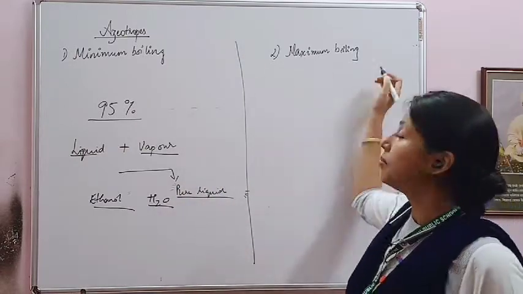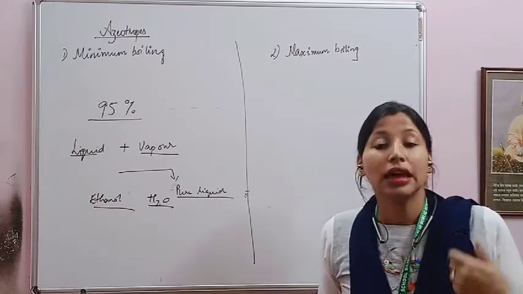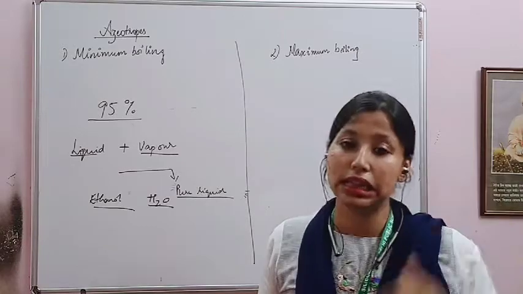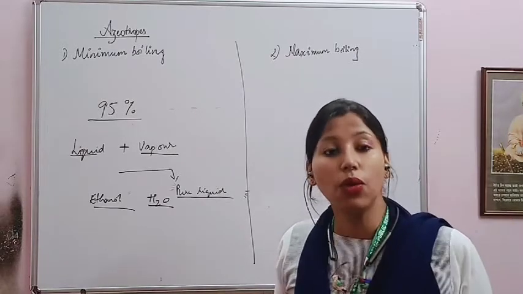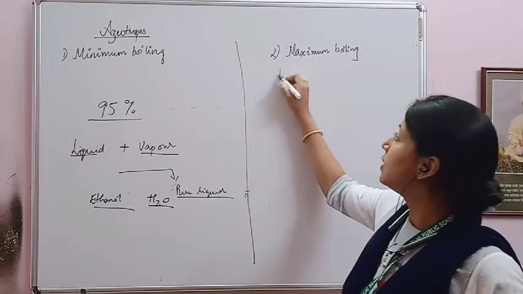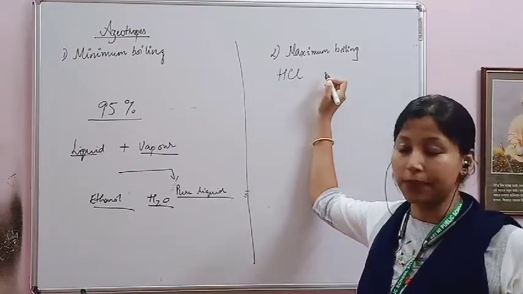Let's discuss maximum boiling azeotrope. Now for maximum boiling azeotrope, we have to understand that the vapor pressure has to be low and the boiling temperature will be high. The mixture that I will choose is HCl and water.